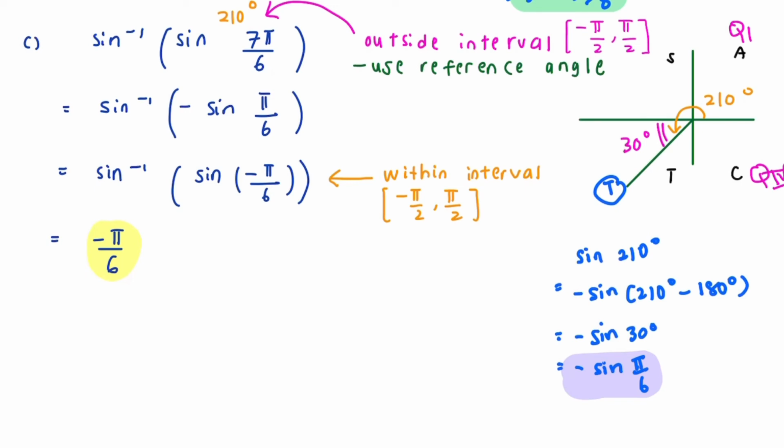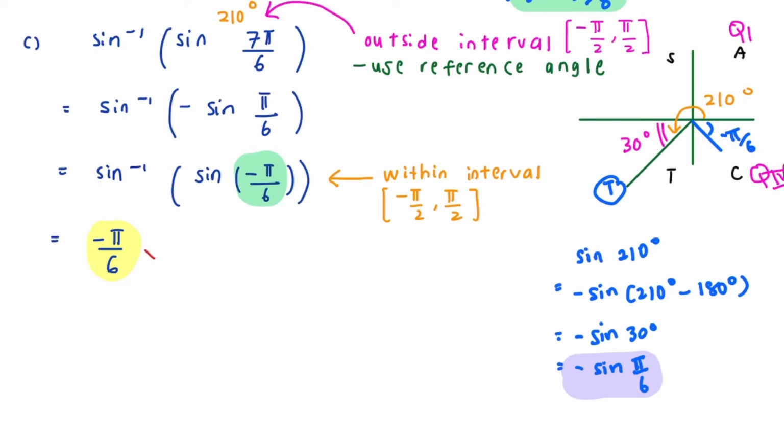Now let's check the value. Is this within the domain? Yes, because negative pi over 6 right now is within our domain, negative pi over 2 until pi over 2. This is now in the fourth quadrant. So we can just take the answer here.